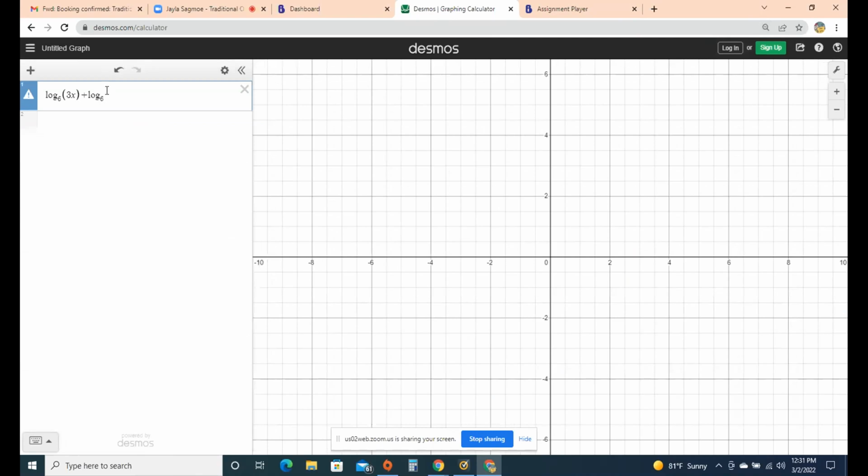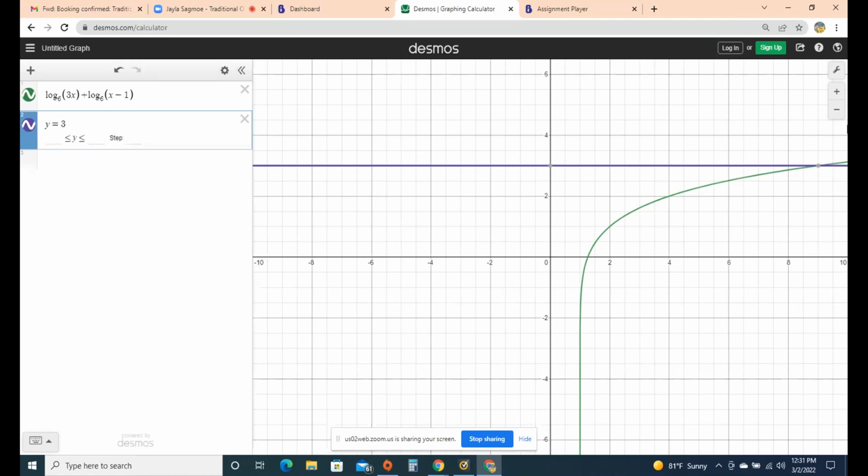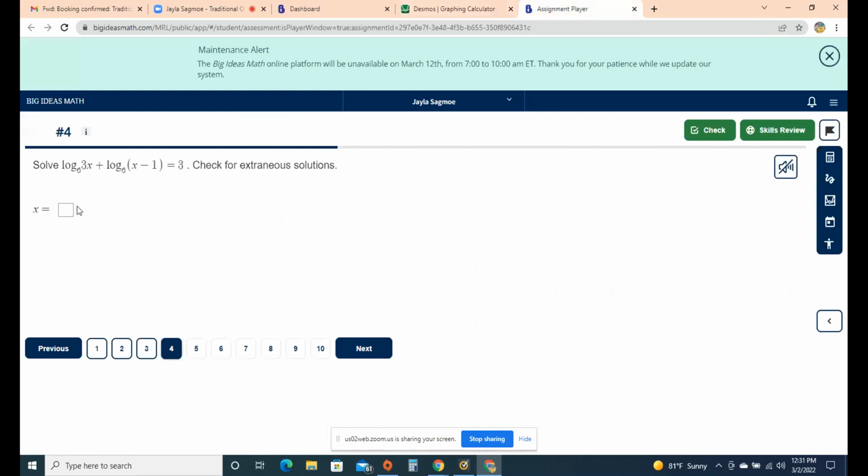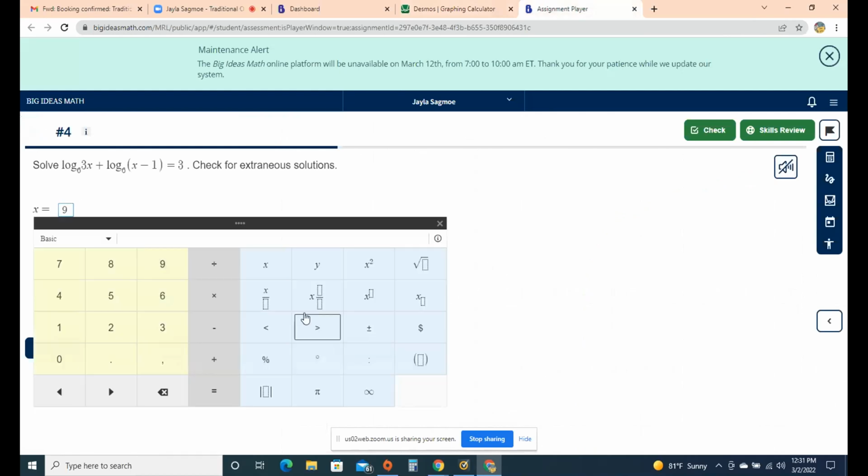Okay, and then open parentheses, x minus 1. Perfect. Go to the next line and type y equals 3. You can see that looks like it's another nice point. It's exactly at 9, which means we could do it by hand if we need to.